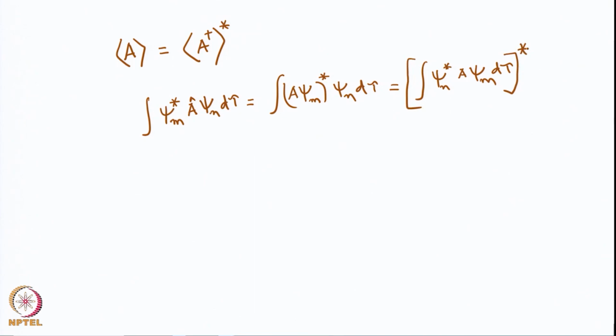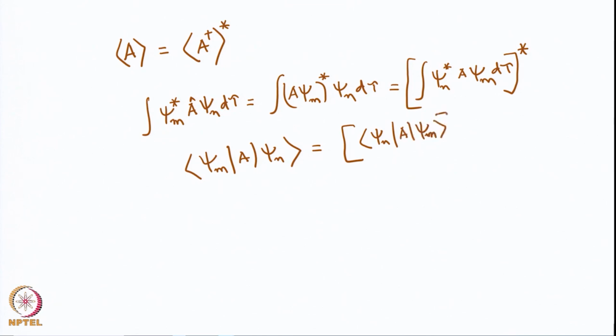In bracket notation one can write psi m A psi n is equal to psi n A psi m star. Now, these are properties of a Hermitian operator.